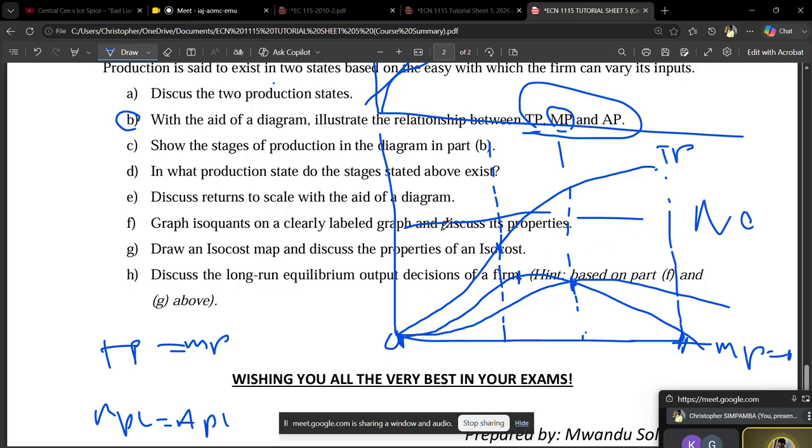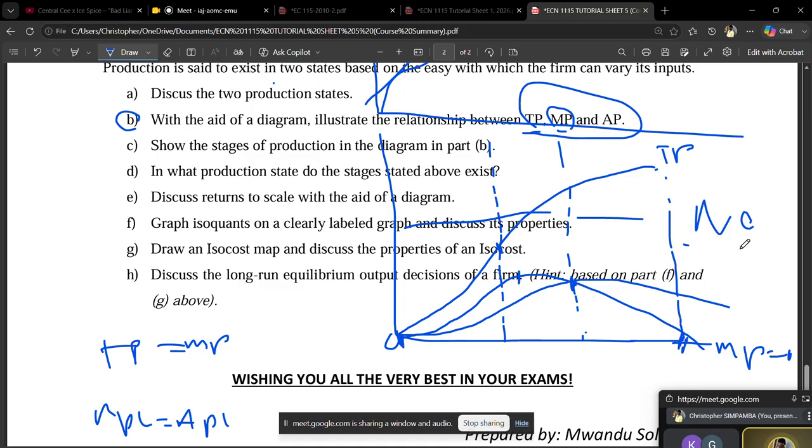And I'd like to say the first stage is regarded to be irrational, because a firm is not utilizing all the resources that it has. It is using less of the resources. And then the second one, the diminishing marginal returns, is considered to be rational, because a firm is going to be using all the resources that it has, even though it is producing at a decreasing rate, but total product is still increasing.